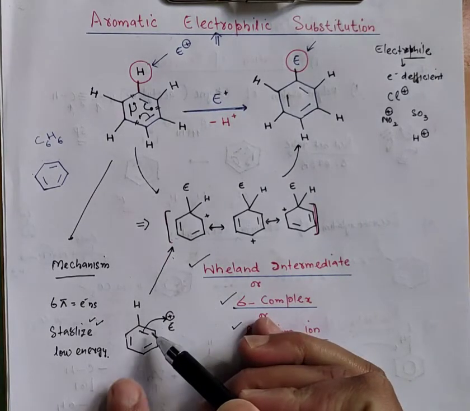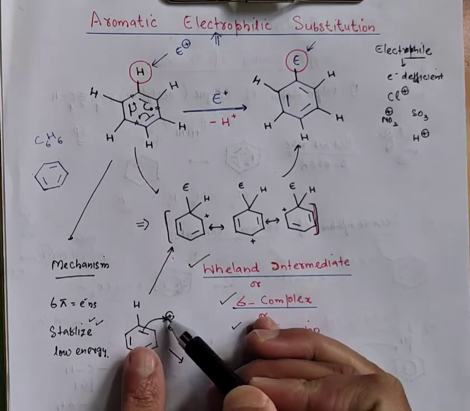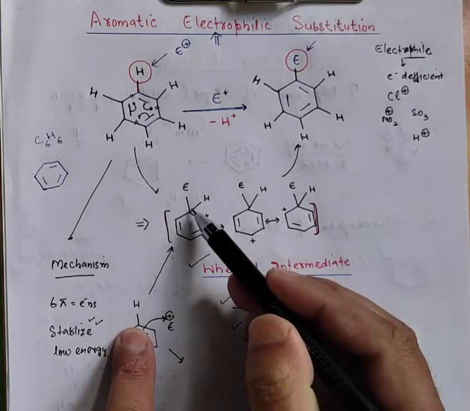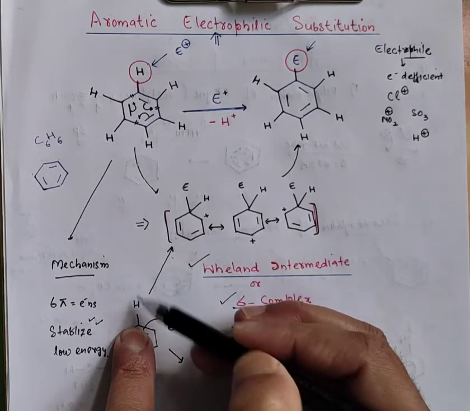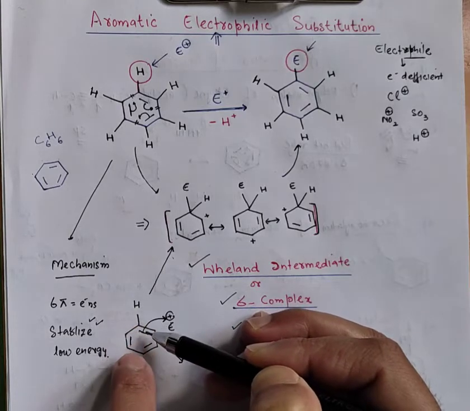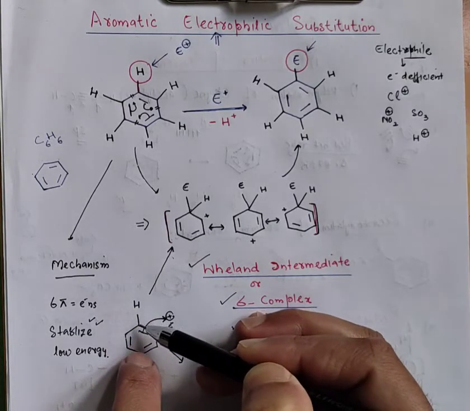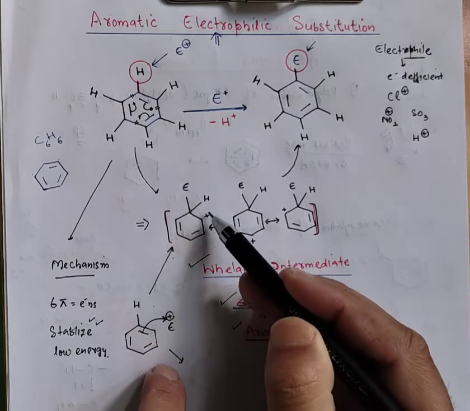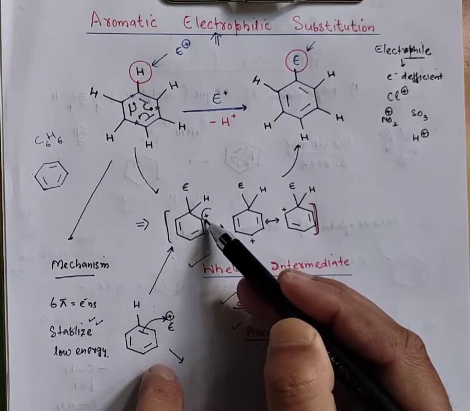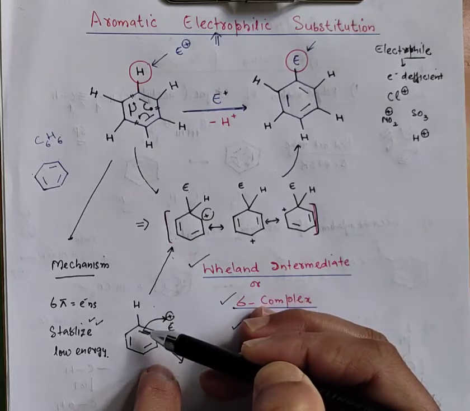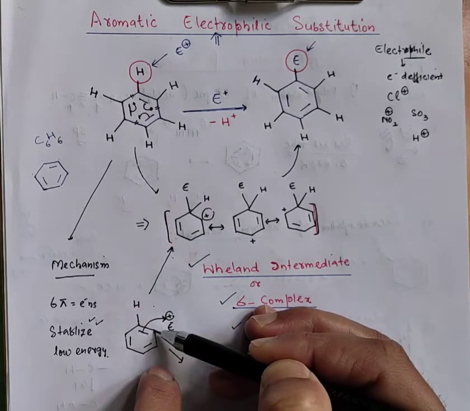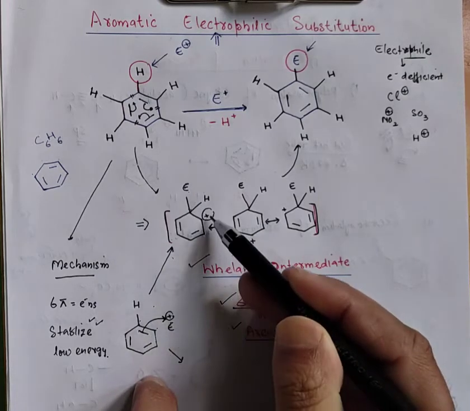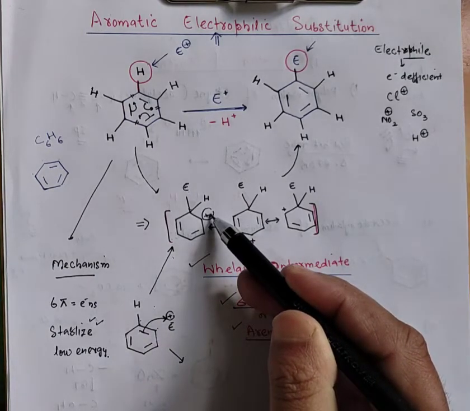When this pi bond attacked this, we now have this hydrogen on this carbon, and this bond that moved forms the bond between this carbon and the electrophile. The pi bond that left was between this carbon and this carbon, so it's no longer here, and we have a positive charge. So we have a carbocation formed.